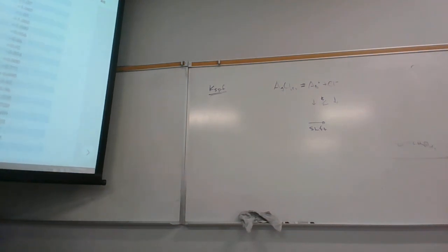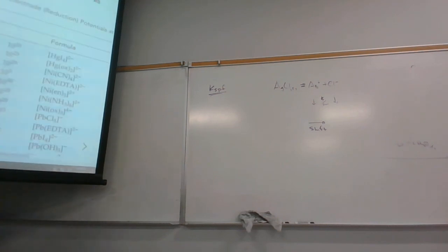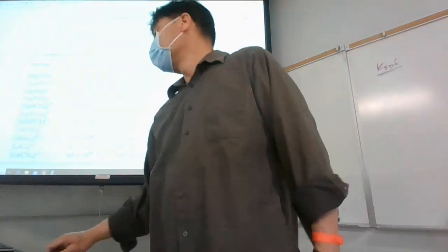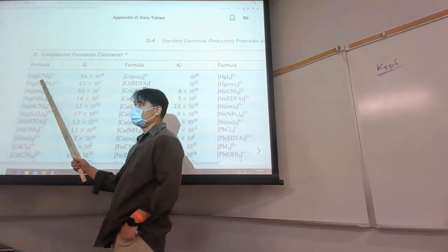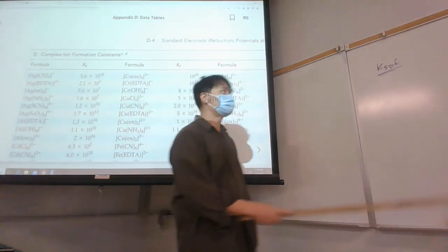But there's a cleaner method, and rather than destroying that, what we can do is we can tie it up. We can tie it up using a Lewis base to make a complex. So for example, cyanide. If we add cyanide in here, what that cyanide's going to do is it's going to attack the silver.